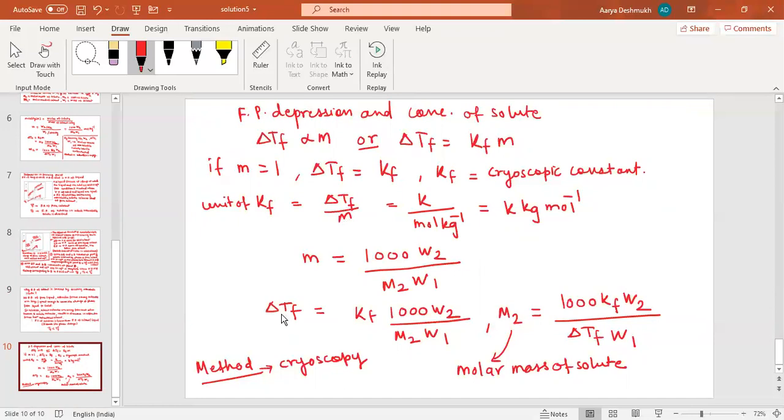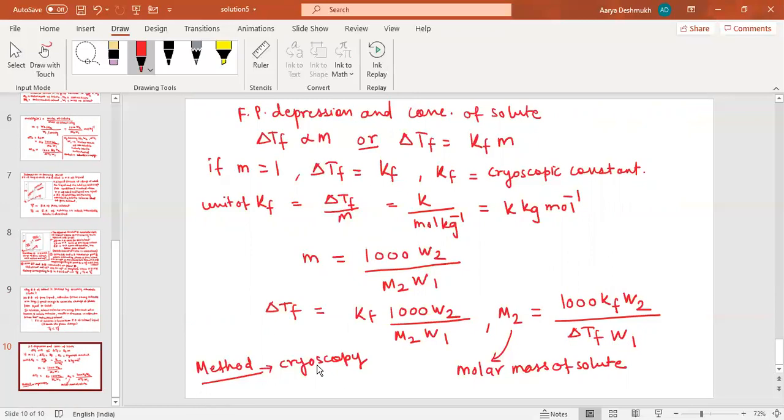We have the equation delta TF equals KF into m. Now instead of m, substitute its value, and you get KF into 1000 into W2 divided by M2 into W1. If you write this equation in terms of M2, the molar mass of solute, M2 will be equal to 1000 into KF into W2 divided by delta TF into W1.